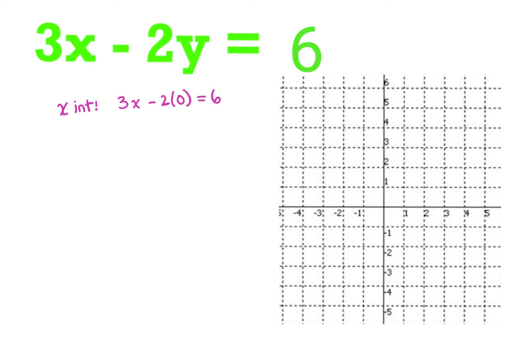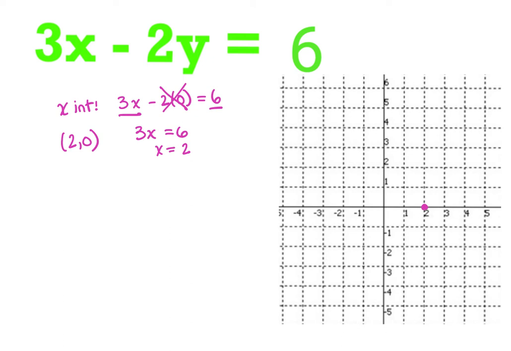What that does is it cancels out the y piece, so I end up with just 3x equal to 6. I solve for x, and x is 2. So my x-intercept is 2, 0. And you're going to go and graph that. 2, 0 is on the x-axis, right?